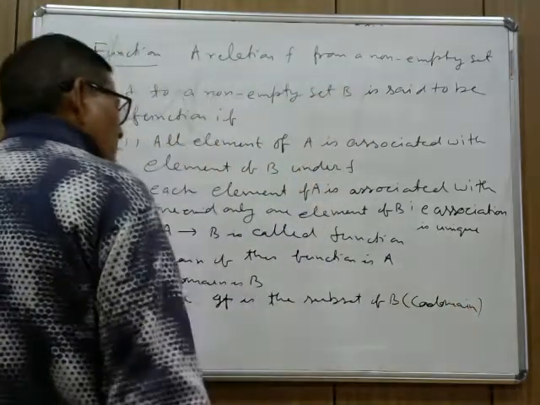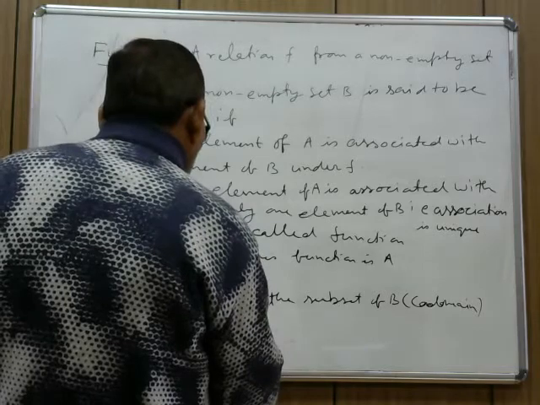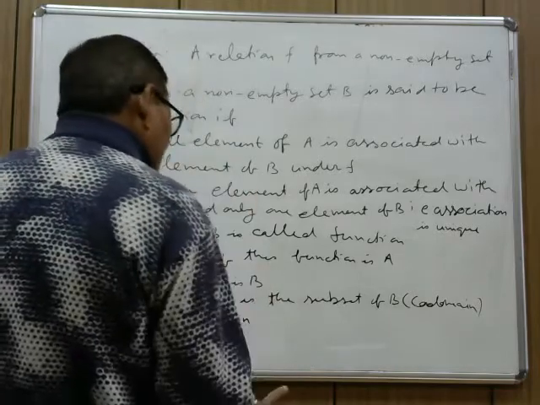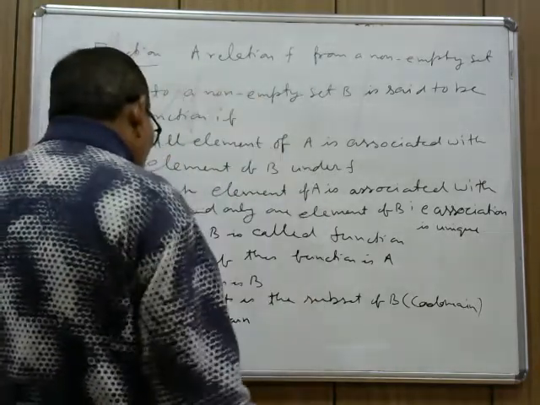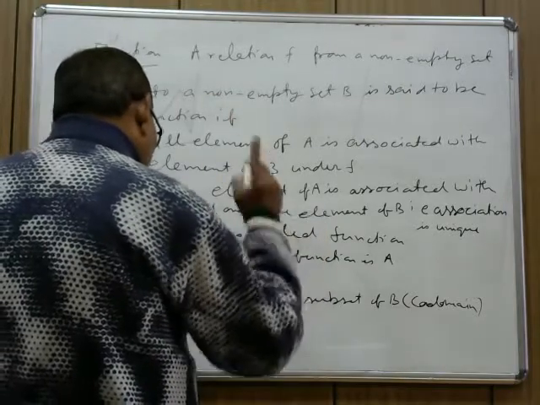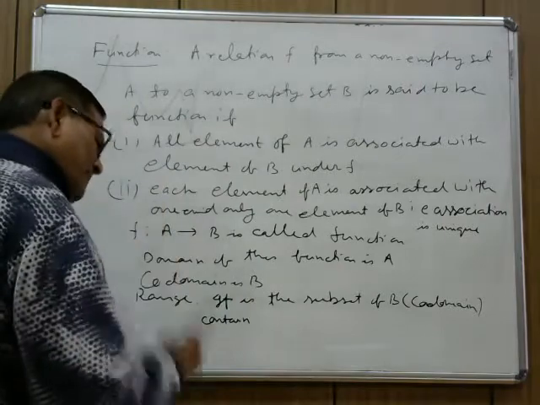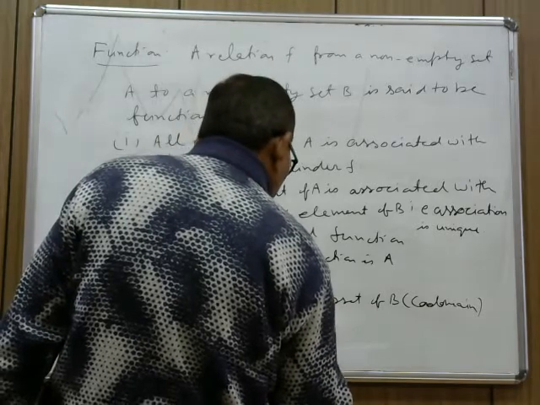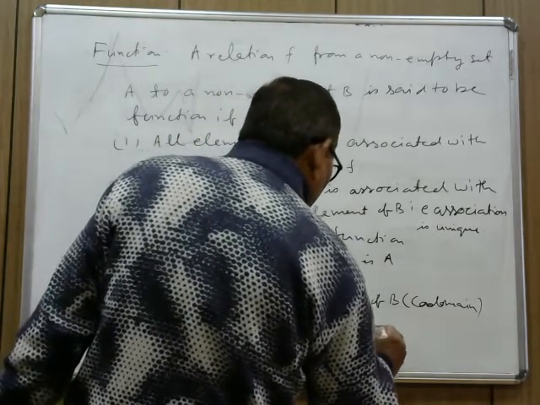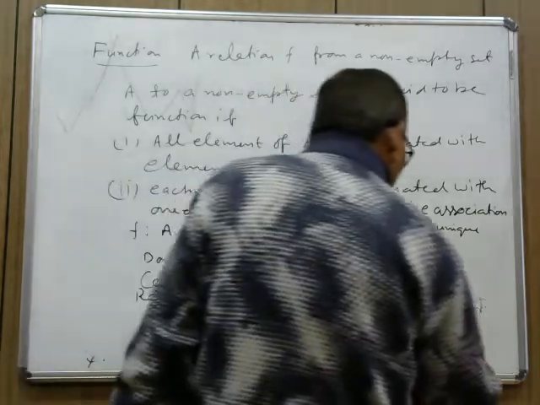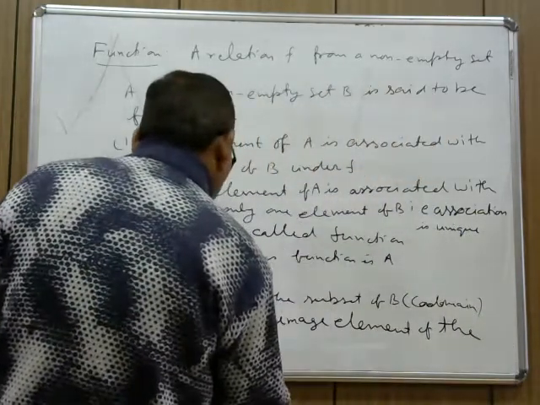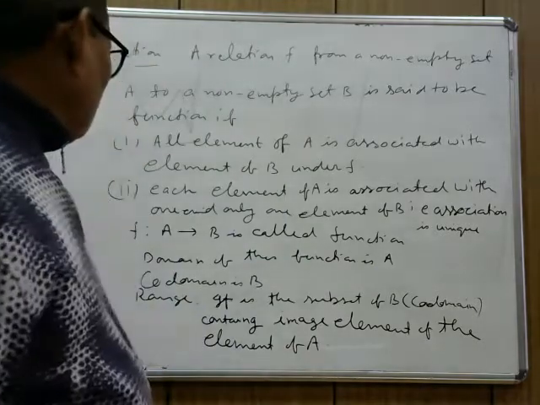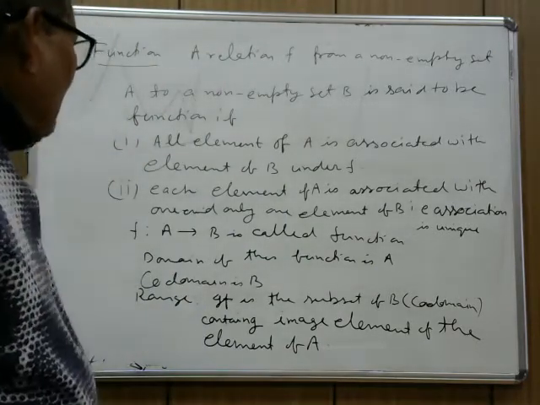Your range is the subset of B. Sometimes it is equal to B. Equal sets, a set equal to B is also a subset of B. It is a subset of B containing the image elements of the elements of A. I have defined function, domain, codomain and range.